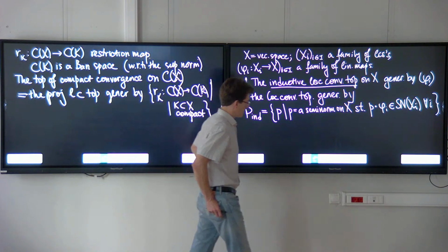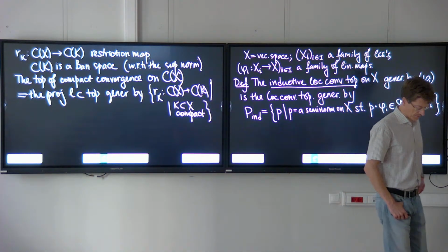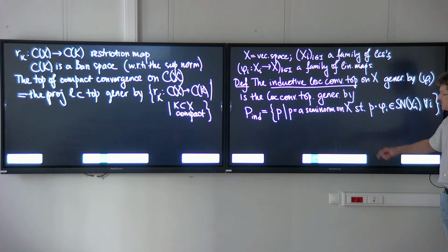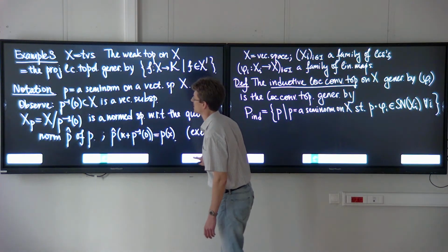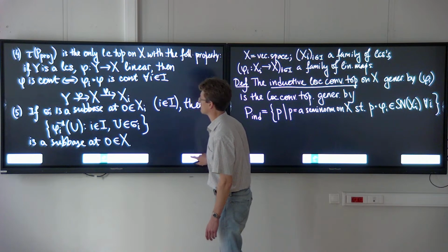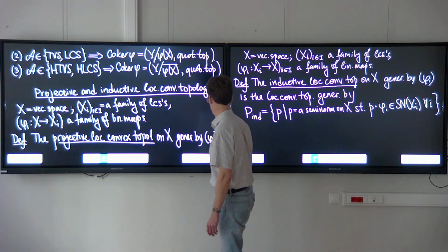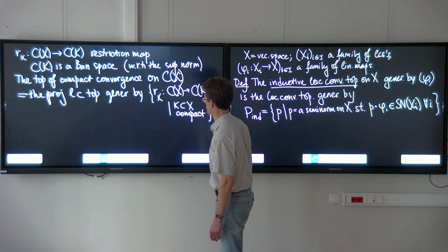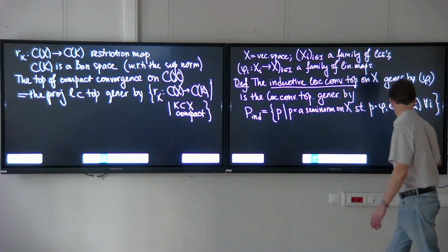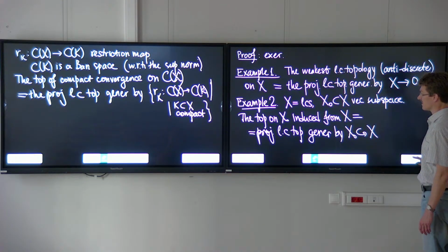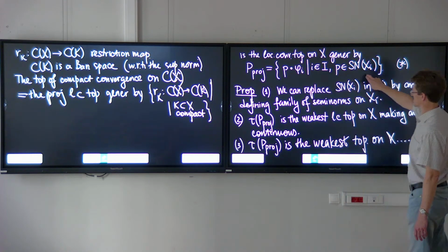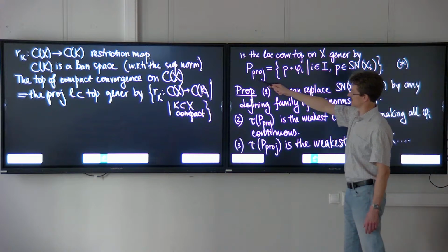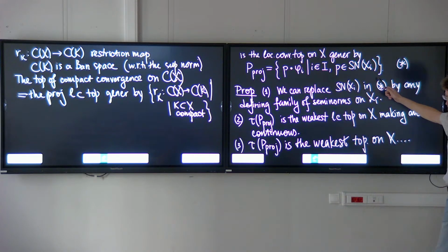Okay, at this point, let me stress the difference between the definition of the inductive locally convex topology and the definition of the projective locally convex topology. When we define the projective locally convex topology, we see that this family of seminorms is quite explicit.